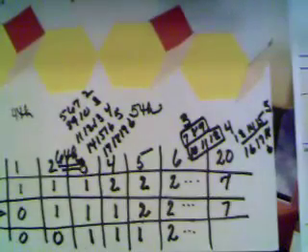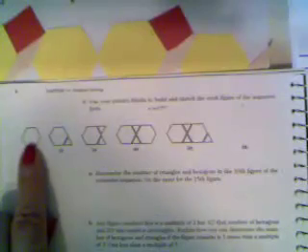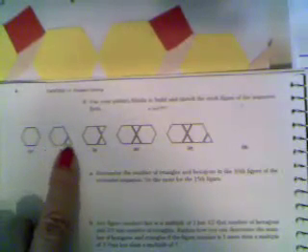Now, patterns can get more complicated depending on the age group that you are working with. You can begin looking at a hexagon, adding a triangle, and then letting that be the pattern.